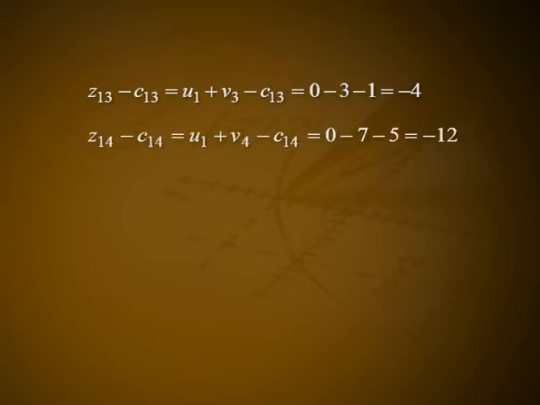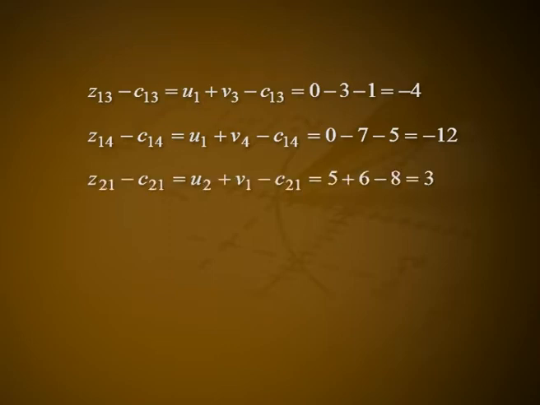Now, we make use of the above values of Ui and Vj and equation number 1 above in computing the net evaluation for each non-basic cell as indicated below. Z13 minus C13 equal to U1 plus V3 minus C13, that is 0 minus 3 minus 1, that is minus 4. Z14 minus C14 equal to U1 plus V4 minus C14, that is 0 minus 7 minus 5, that is minus 12.